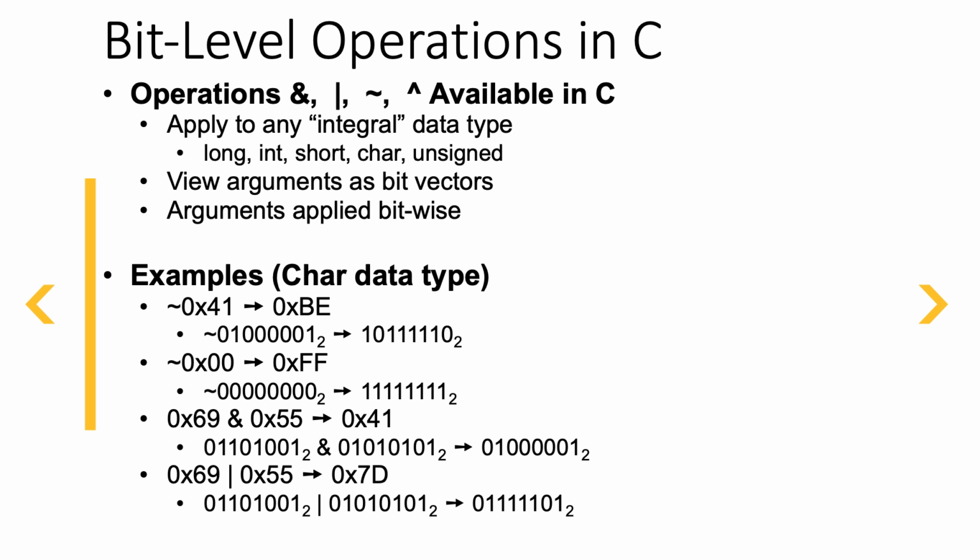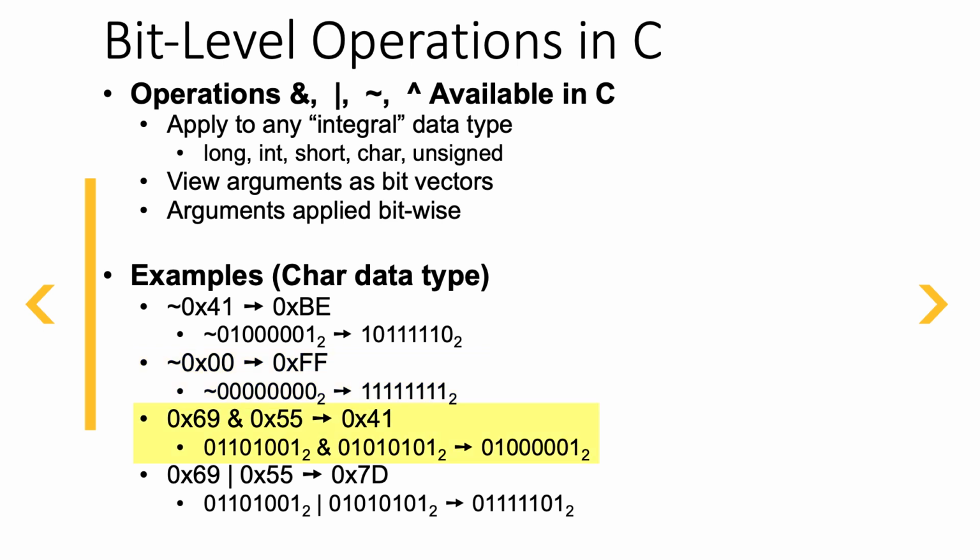If we NOT, now it's okay, we can represent these in hexadecimal because we're going to apply things after we convert to binary. So if we have 41 hex and we NOT that, well, we just turn that into binary, and that ends up being 0, 1, 0, 0, 0, 0, 0, 1, in base 2. We take the NOT, and we're just flipping the bits. The same thing applies to 0 hex. That's going to turn into FF because we're just going to flip those zeros to a bunch of ones.